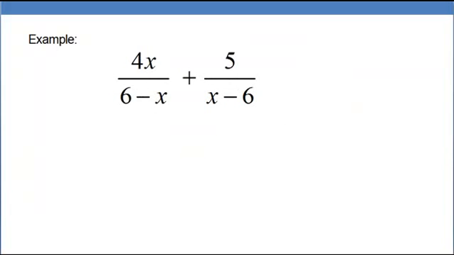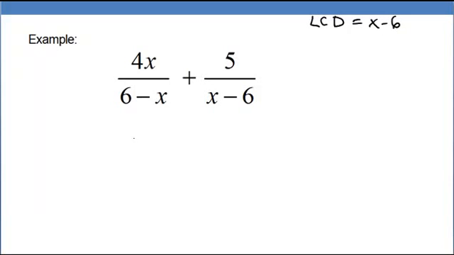One more example, and this one is where we have the opposites for the denominators. You can choose either one for your common denominator. I usually choose the one that looks in order. So my LCD is going to be x minus 6.